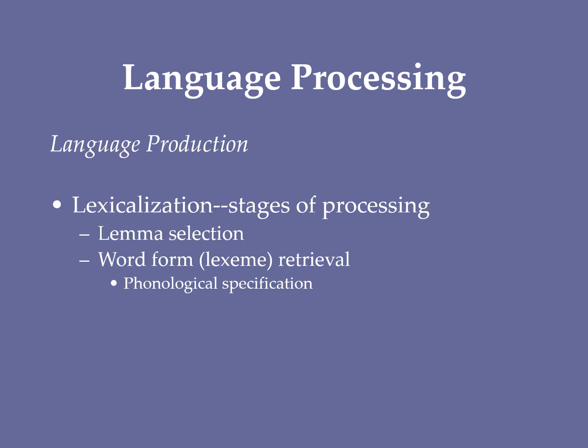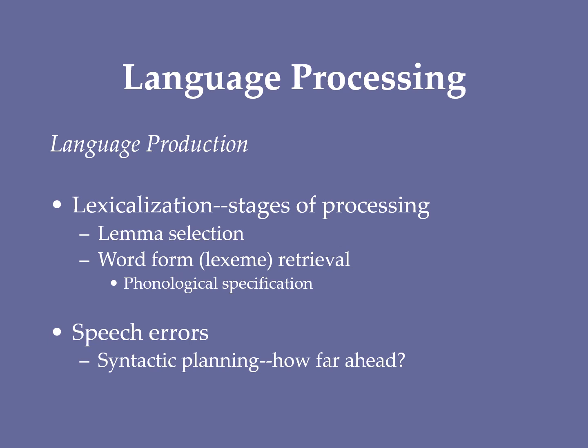So language production is the lexicalization, or the stages of processing, and a lemma is a representation that includes both semantic and syntactic information for a word, but not its phonological word form.